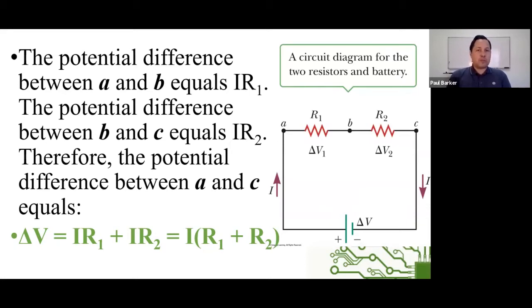Therefore, the potential difference between A and C is the following: delta V is equal to the current times the first resistor plus the current times the second resistor. If you factor out the current, it's current multiplied by resistor 1 plus resistor 2. So as you can see, to get the equivalent resistance, all you have to do is add up all of the resistors when they are connected in series.